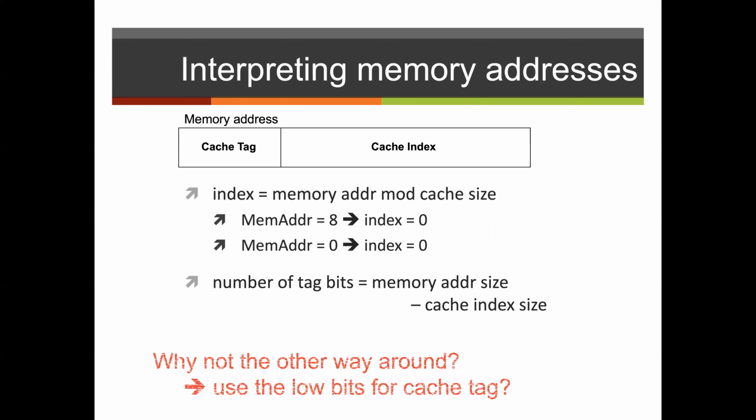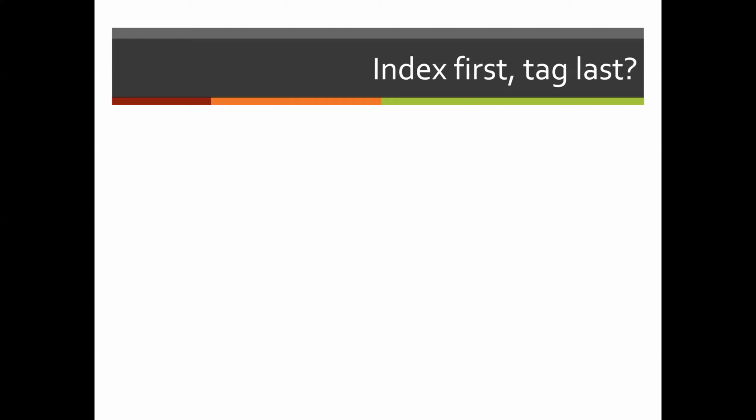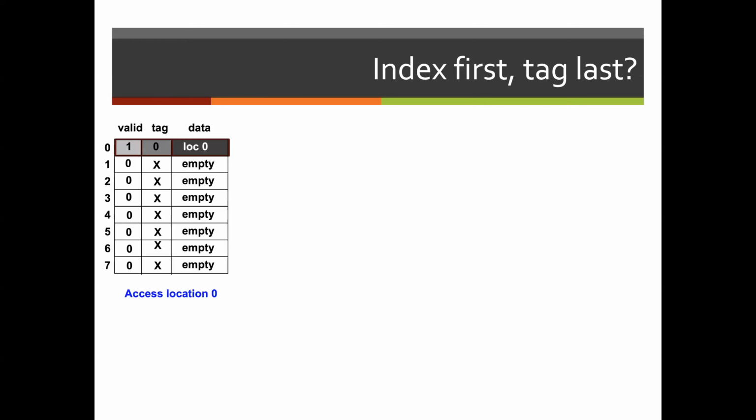So a good question is, why not use it the other way around, where we use the low bits for the cache tag? So if we consider the index first, that is 1 bit, and then the tag last.